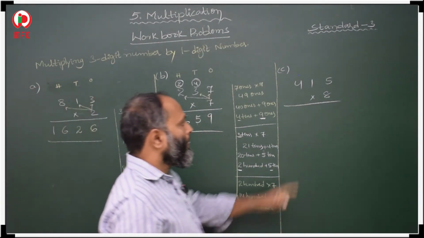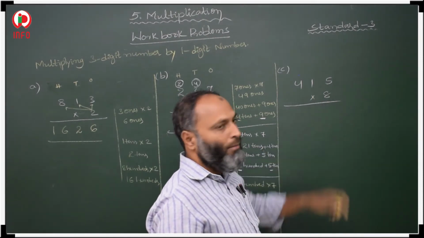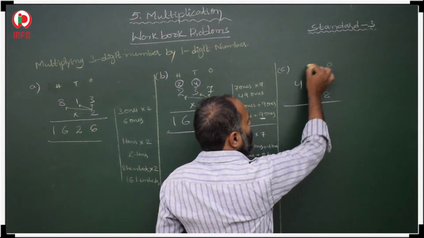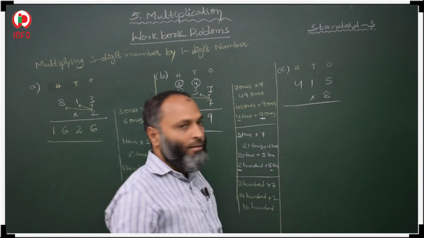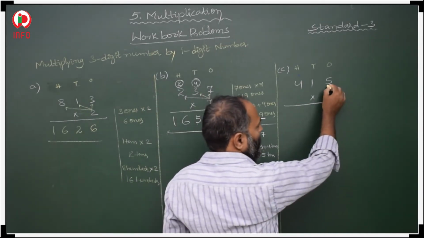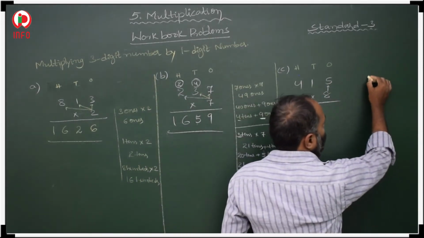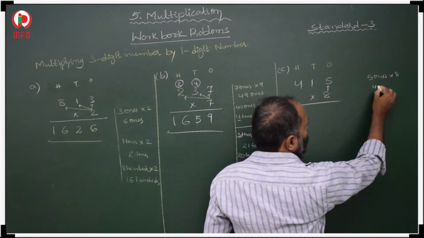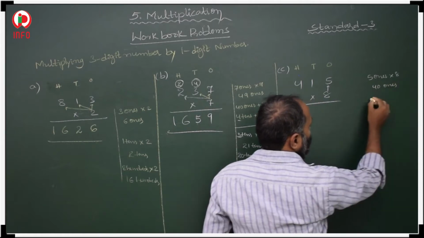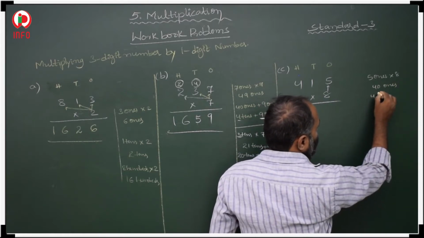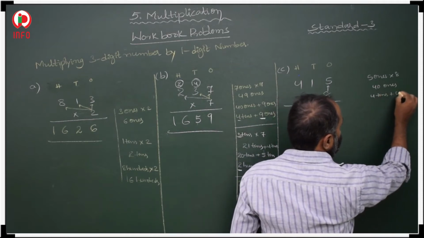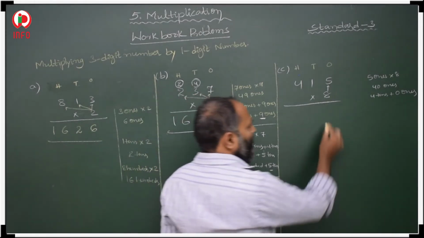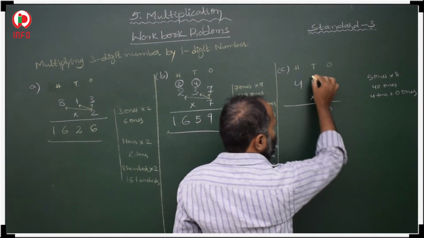And one more question, 415 multiplied with 5. This is in ones place, this is in tens place, and this is in hundreds place. First we have to take ones place, 5 ones with 8. 8 fives are 40 ones. 40 ones means 4 tens. 4 tens plus 0 ones. In ones place 0, in tens place we take 4 over here.